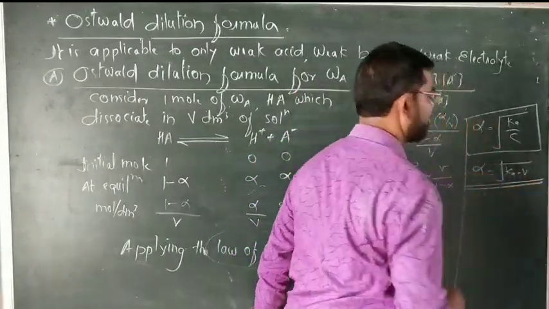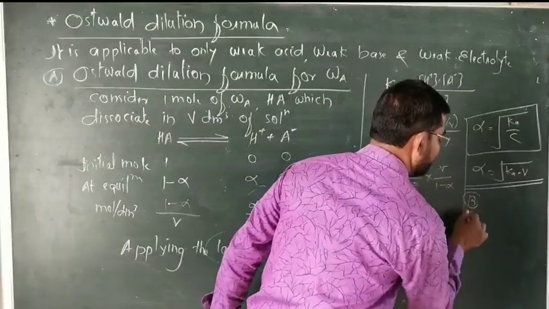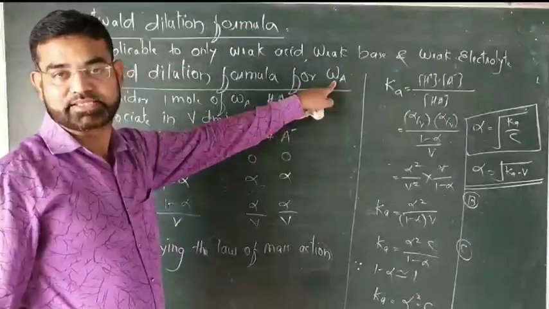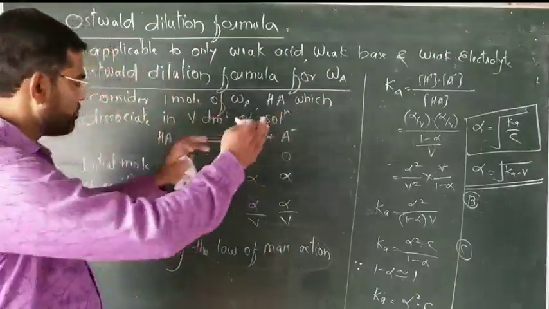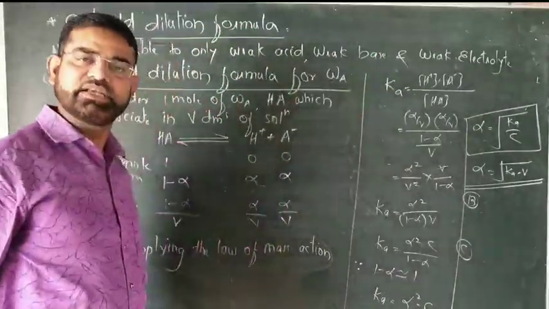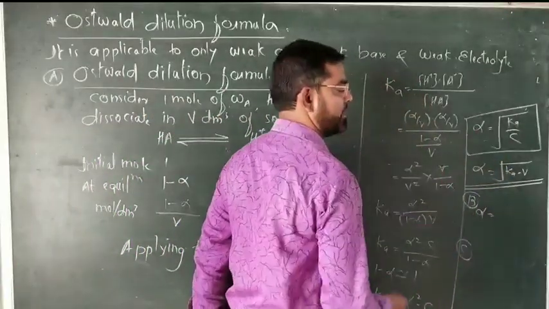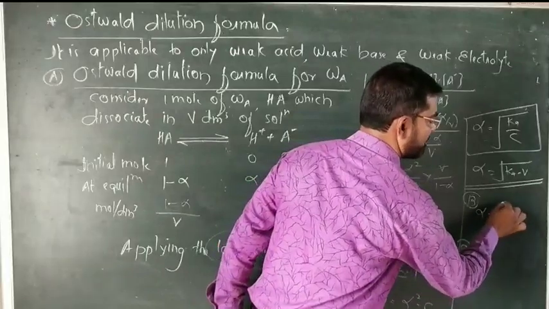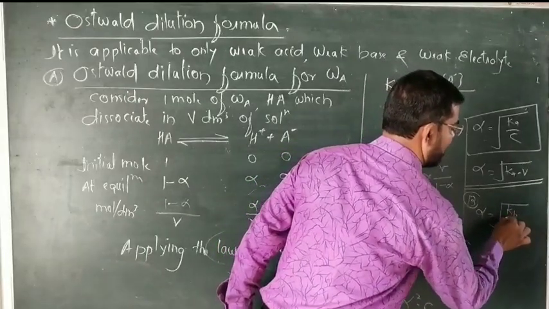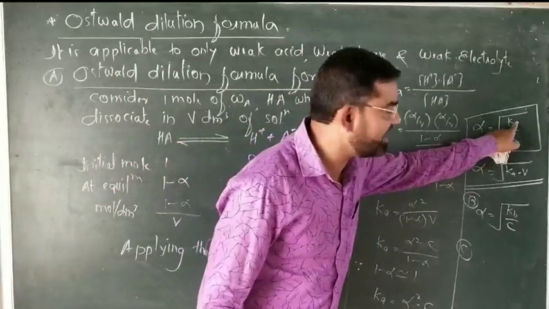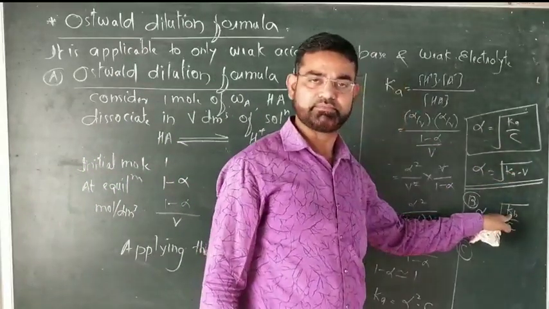Similarly, if you want to write the same formula for weak base, there is no need to revise all these. Directly we can say that alpha is equal to under root Kb upon C. But we change here, in place of K we take Kb.